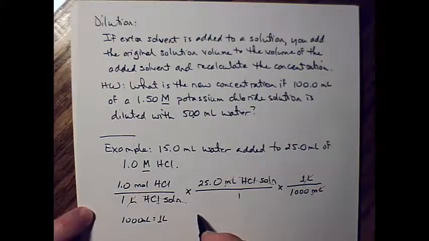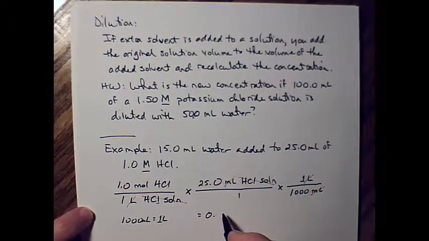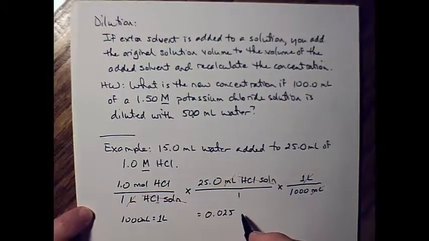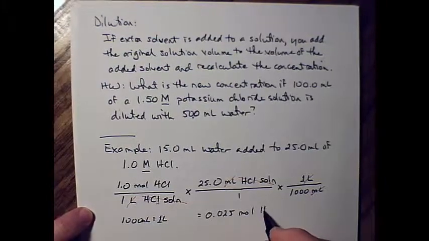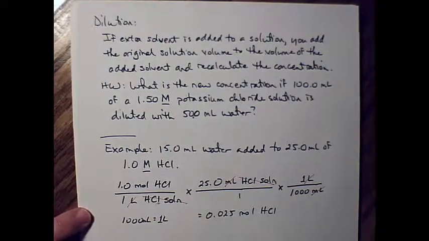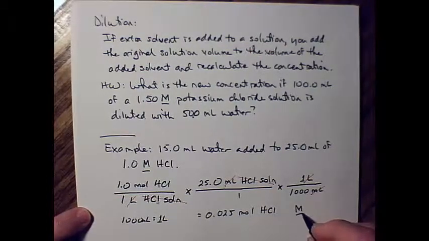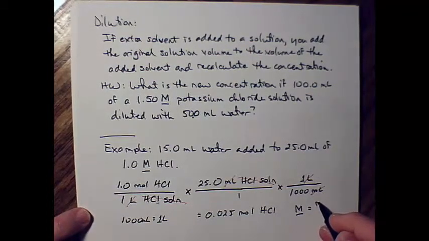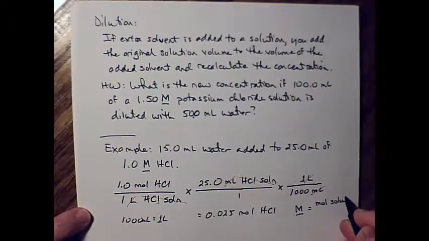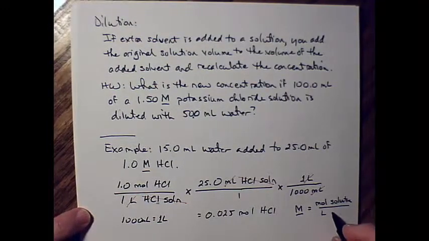We do the math, and we get 0.025 moles of HCl. The reason we're doing this is we know that molar concentration is moles of solute over liters of solution, and we have the moles of solute here broken out.